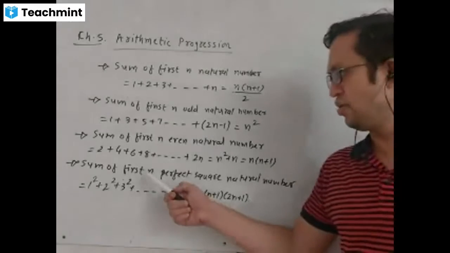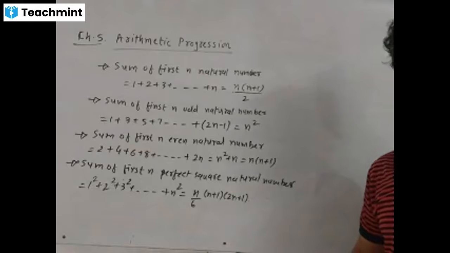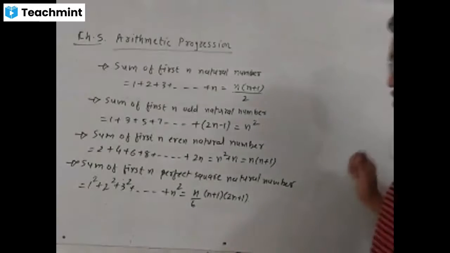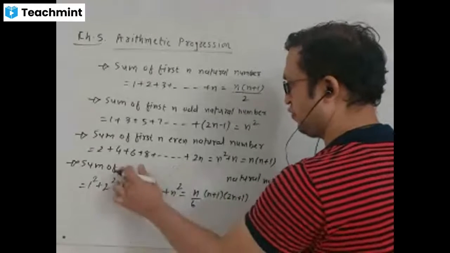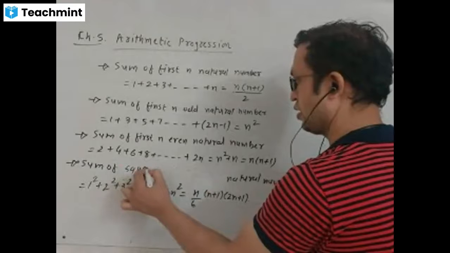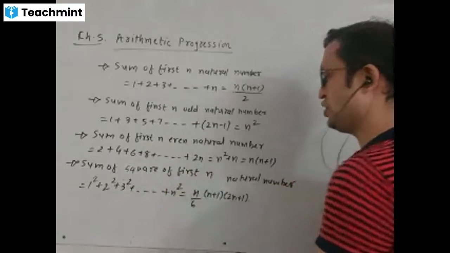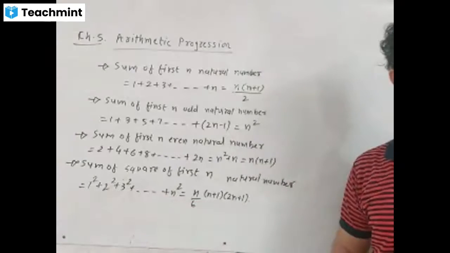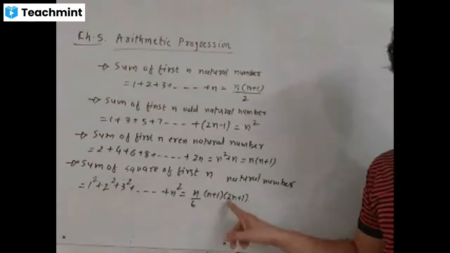Suppose we find the sum of first 10 perfect square numbers. So 1 square plus 2 square plus 3 square up to 10 square, that is equal to 10 by 6 into 10 plus 1 into 2 into 10 plus 1.